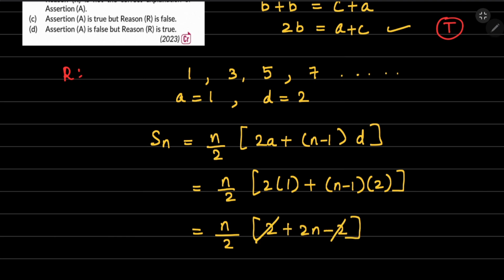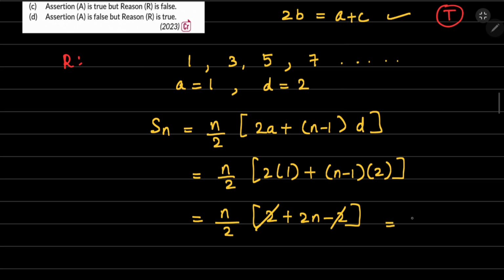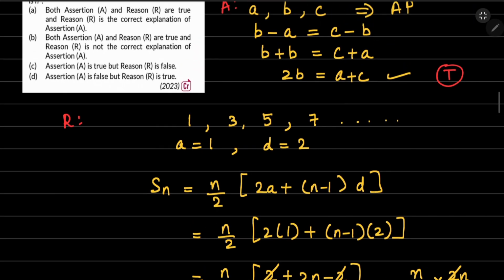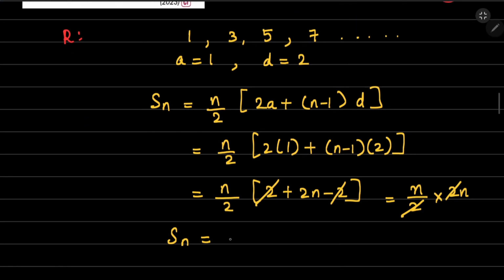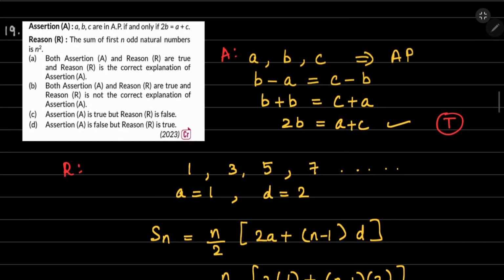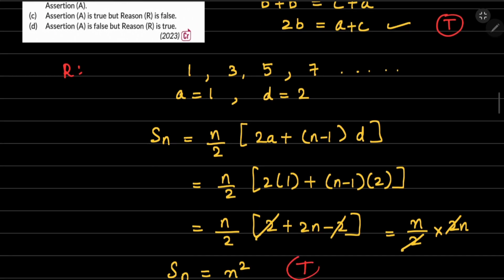The 2 and 2 will get cancelled, so this is nothing but n by 2 multiplied by 2n. Again the 2 and 2 cancel. So the sum of the first n odd natural numbers is n square. That's your answer, and you are given this already, right? The sum of the first n odd numbers is n square. So the reason is also true.